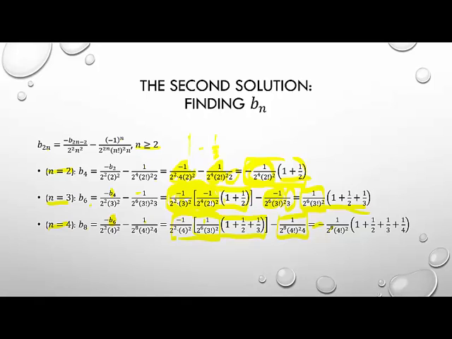Now put that under a square, you got 4 times 3 factorial, which is 4 factorial squared. So that's everything here, and that's almost everything here except for this 1/4. So if we factor out that negative 1 over 2 to the 8th and 4 factorial squared, we have 1 plus 1/2 plus 1/3 plus 1/4. So that's our pattern.